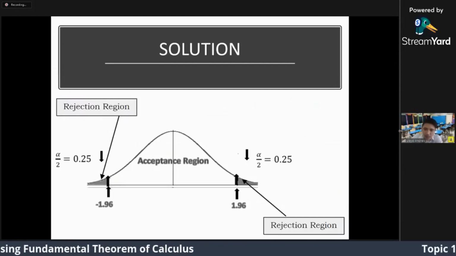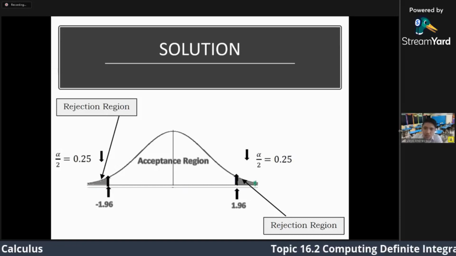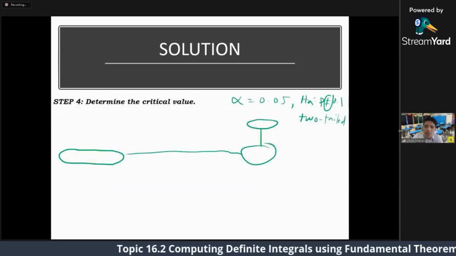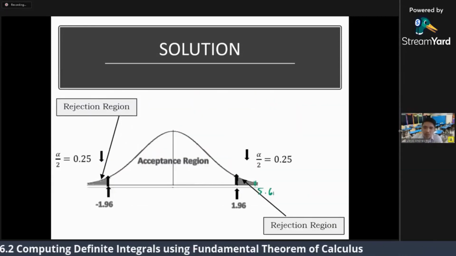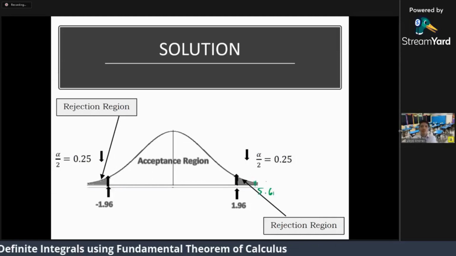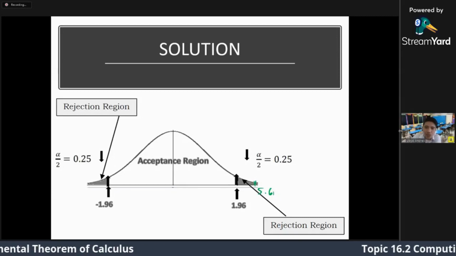Here is positive 1.96, and 5.61 is further ahead. So you can observe that it is in the rejection region.